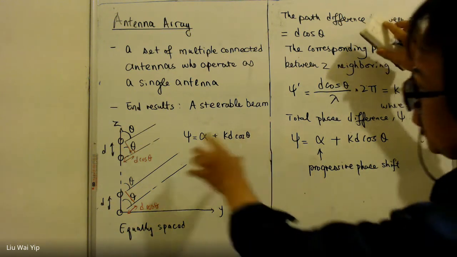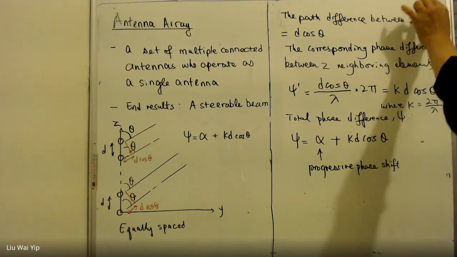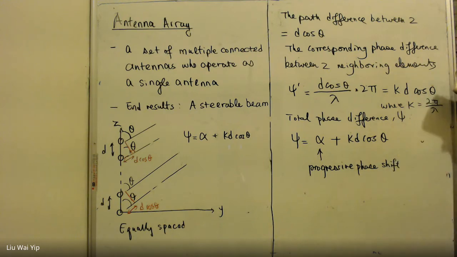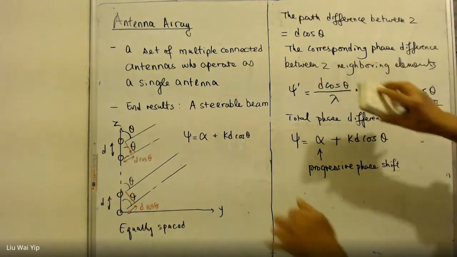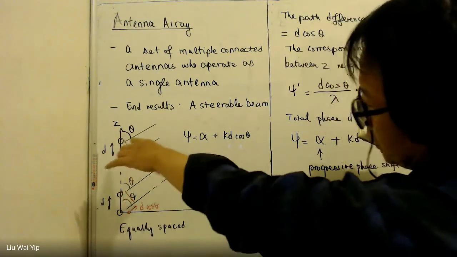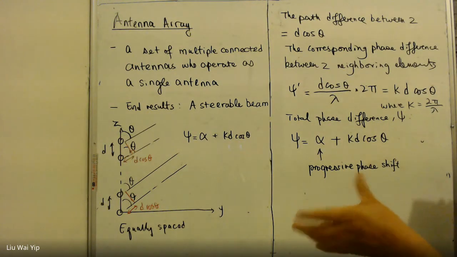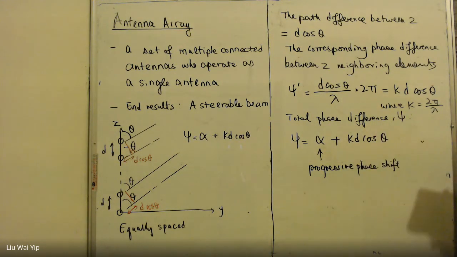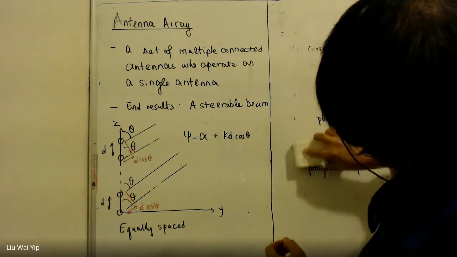And now, at the far end, at the receiver, at the far destination, they will receive all the electric field coming from each element of this antenna array. And the contribution of the total electric field should be calculated. And now I'm going to do it for you.